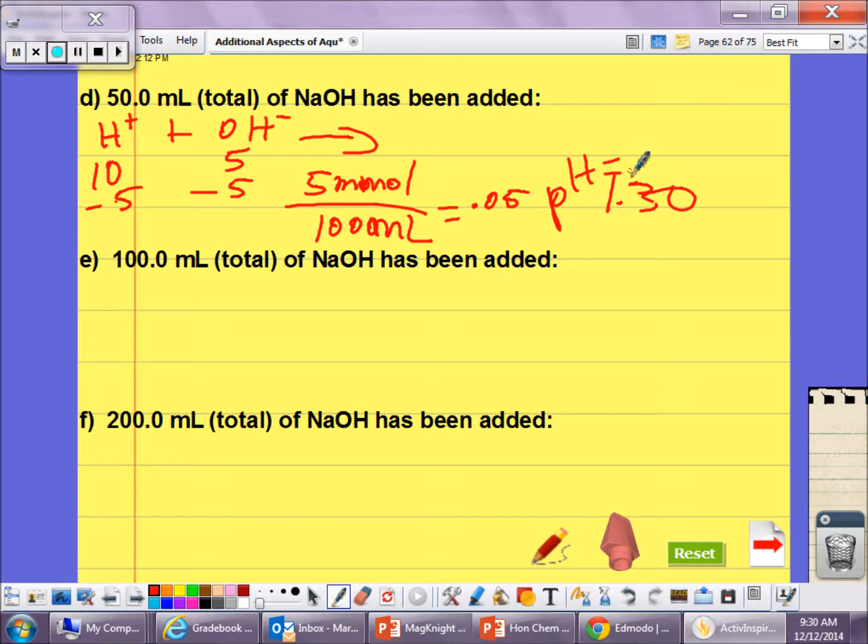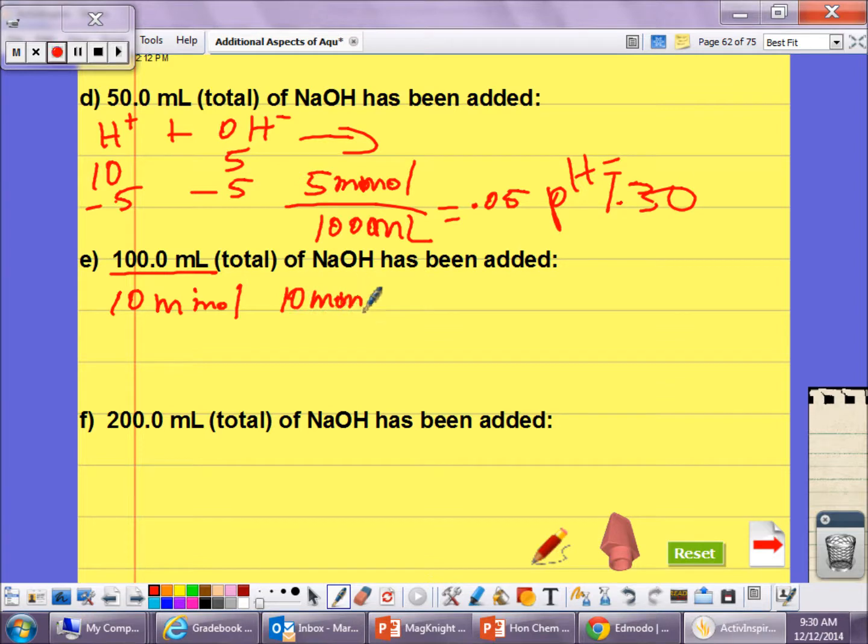Okay, 1.30. All right. So now 100 ml of NaOH has been added. Remember, we have 10 millimoles of the acid, and then the base is 100 times 0.1, which gives you 10 millimoles.